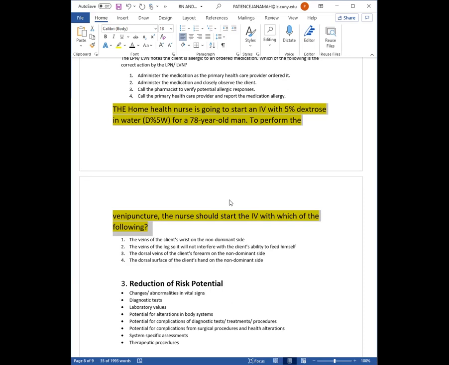The location where you put the IV line. Yeah. The question is telling you that you are going to hang D5 on a patient, and the patient is a 78-year-old man. Which of these locations is more appropriate for you to put it? Gertrude, where will you put it? I know you do this every day.